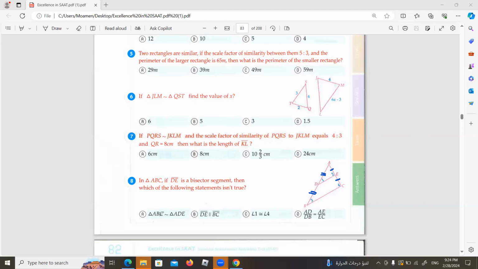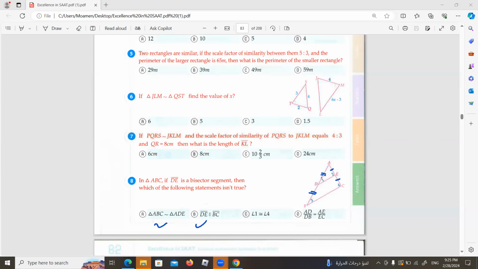Triangle ABC is similar to triangle ADE. Of course, they are similar. So this is right. DE is parallel to BC. Yes, this line is parallel to the third side and half its length. So this is right also. Measure of angle 1 is congruent to angle 4.